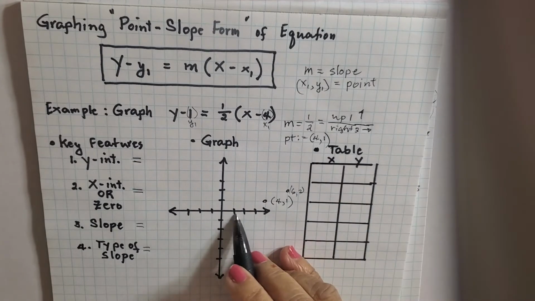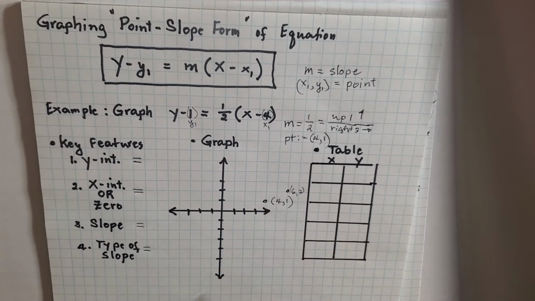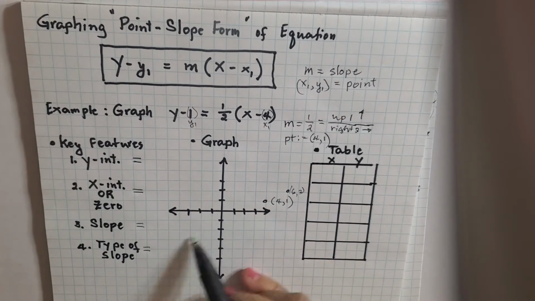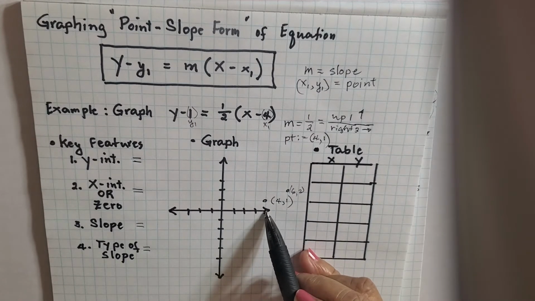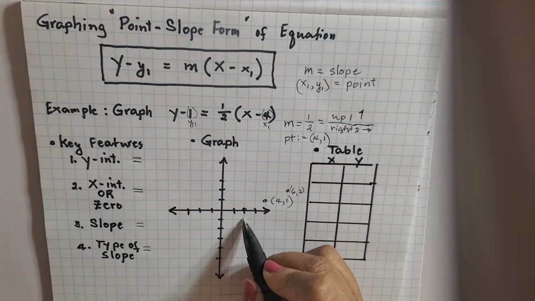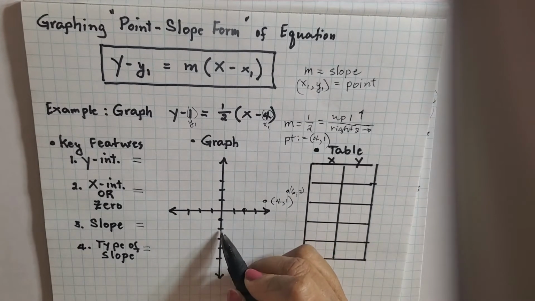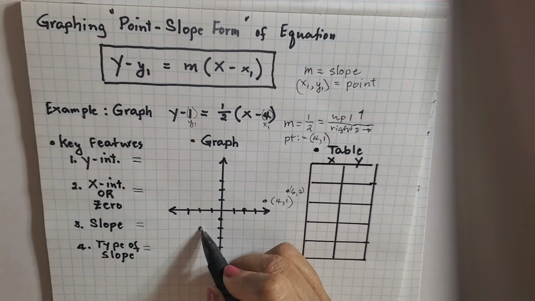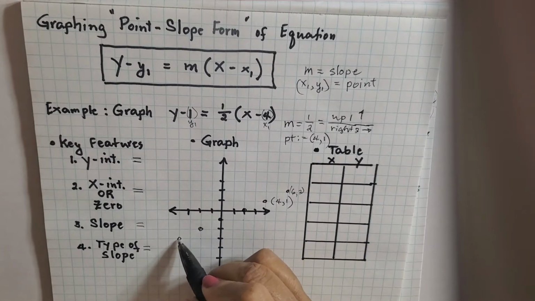Am I right? 1, 2, 3, 4, 5, 6, 2. Next point on this side, I go opposite: go down 1, to the left 2, point.